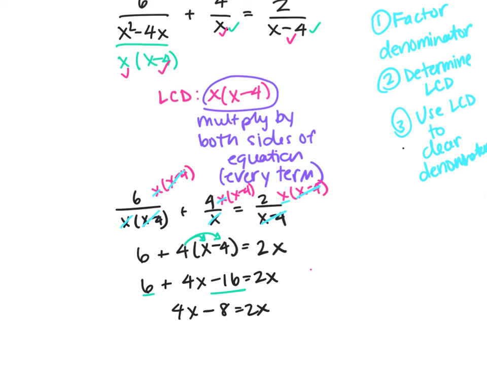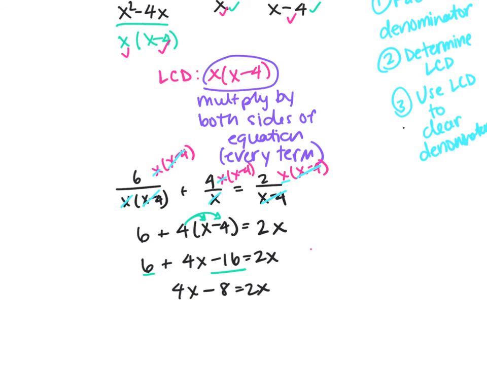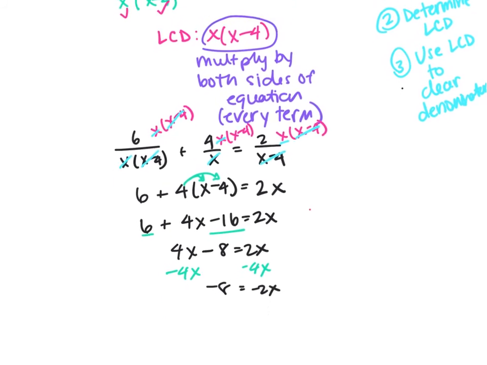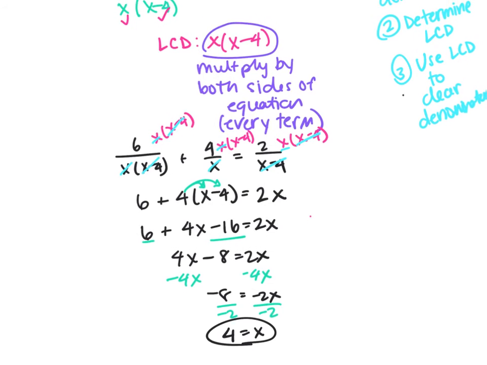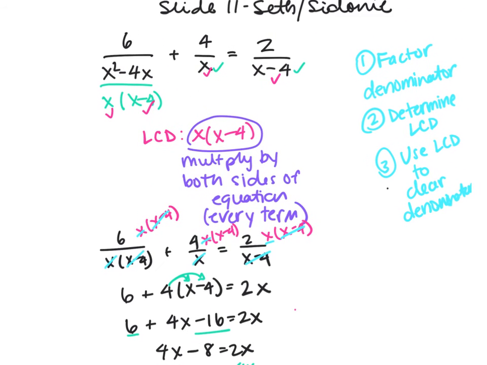Then get everything to the same side of the equation, so let's move the 4x over. And 2 minus 4x is negative 2x. Last step, divide out that negative 2. Notice all of this at the end is just basic equation solving pieces. And we are done.